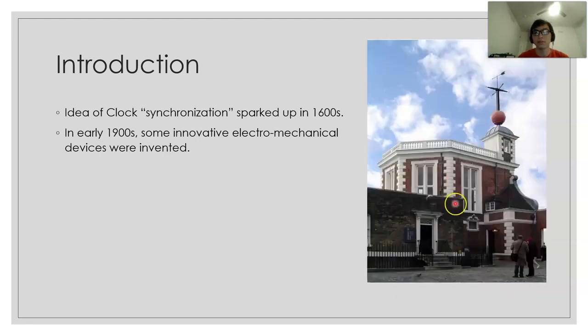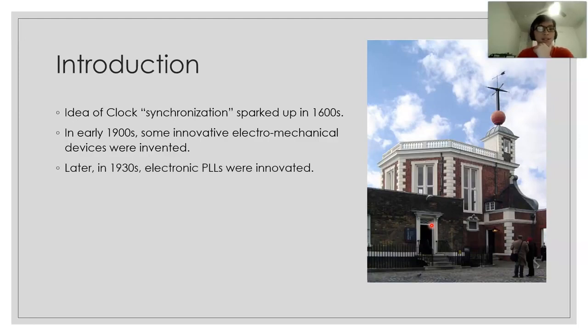Back then the clock was usually referenced like this. This is where the clock signal in Europe is generated, the Greenwich Observatory, and from here the telegram pulse is sent to other places to synchronize clocks.